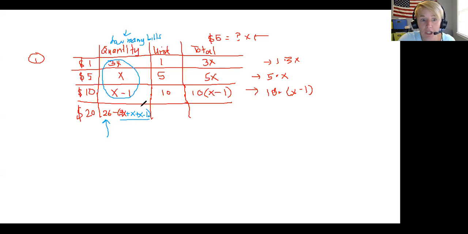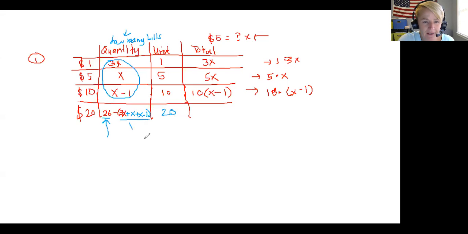So I know that I have 26 total. So I'm just going to say 26 minus the combination of all that other stuff. And that's what that actually says: 26 minus the quantity of 3x plus x minus 1. And we know those are the 20s.